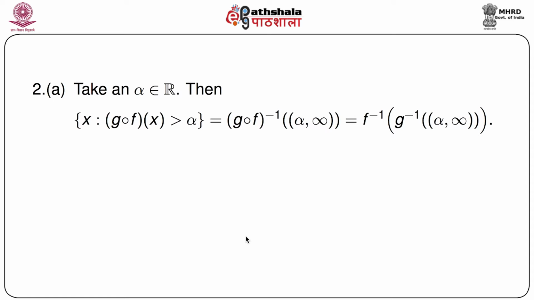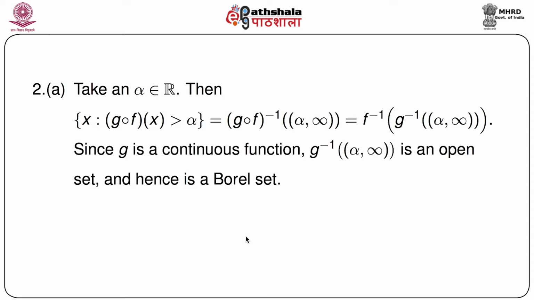Now this entire set can be easily written as (g composition f) inverse of (alpha, infinity). Now we can immediately write this as f inverse of g inverse of (alpha, infinity).